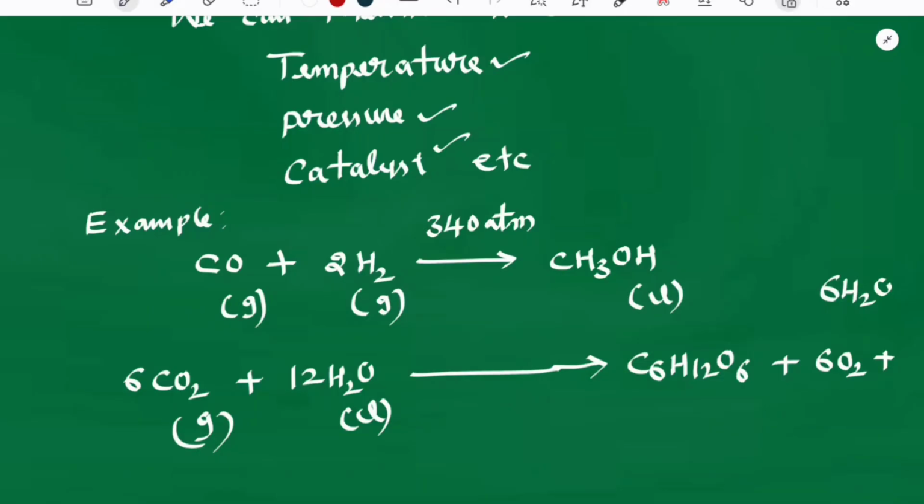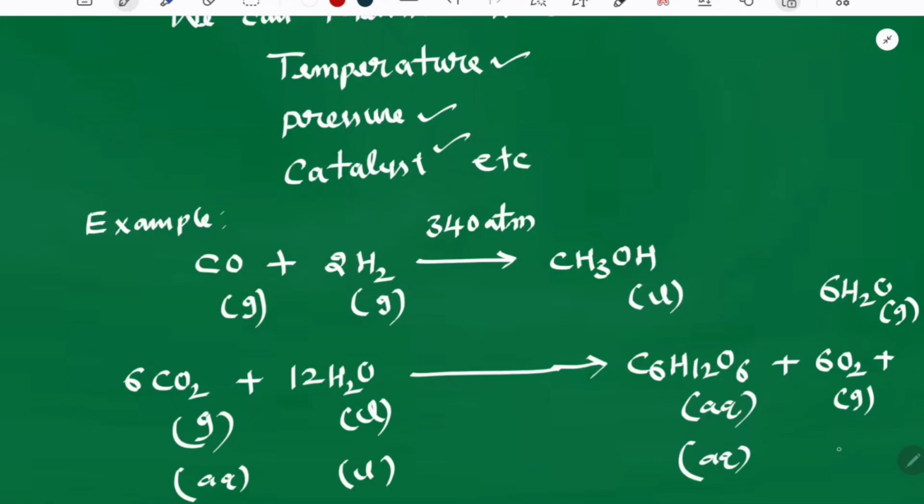Any substance dissolved in water we call aqueous, so you can write aqueous. Here oxygen is a gas, and water is also a gas, because it comes out in vapor form. But in the textbook, CO2 is written as aqueous, water is written as liquid, glucose is written as aqueous, and oxygen is also written as aqueous, but water in liquid form.